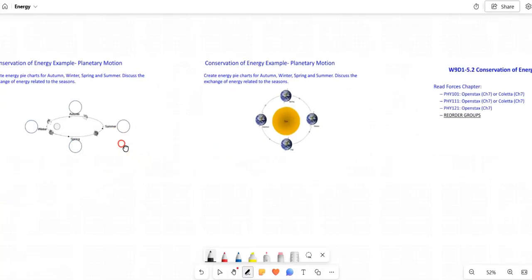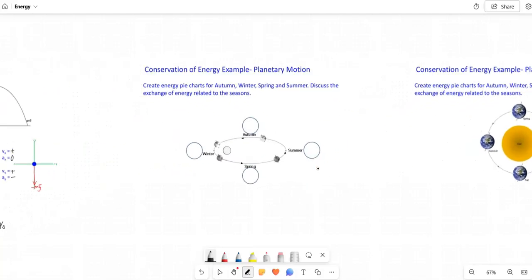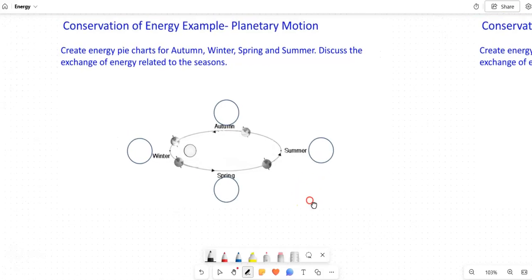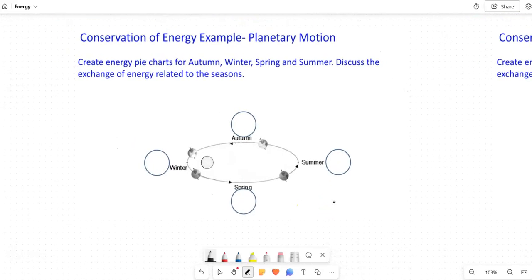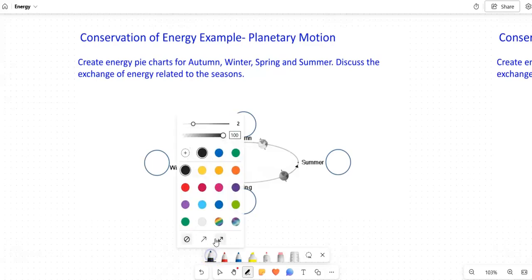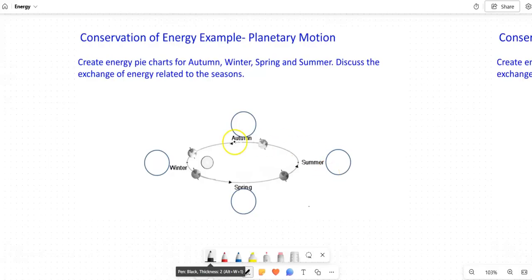The last part of this lecture is something really interesting, because this applies to the motion of planets, right? So this is the Earth going around the sun, and we're going to do a little pie chart. If you notice, in wintertime, at least winter for the northern hemisphere, we're this far from the sun, so we'll call that a distance d.